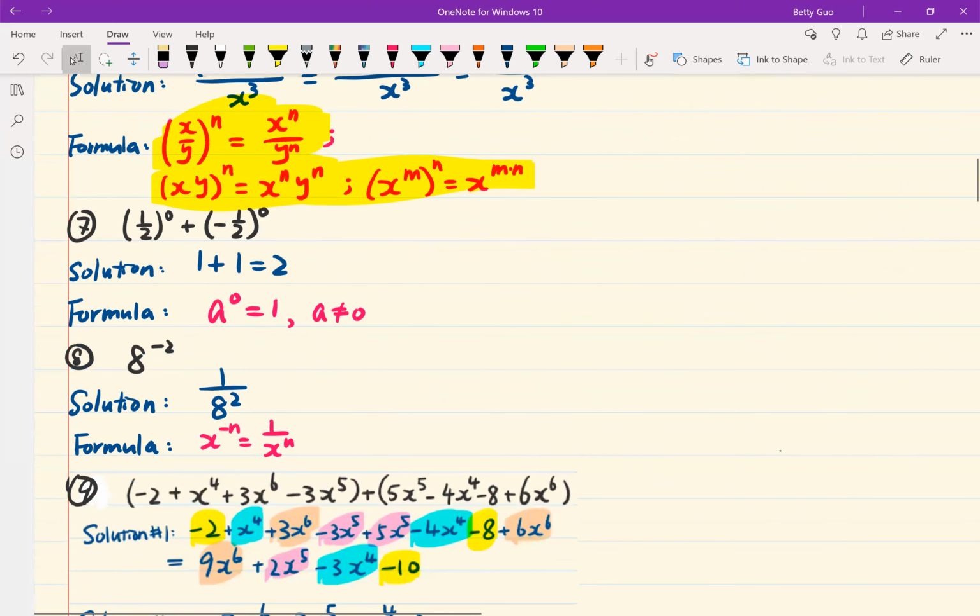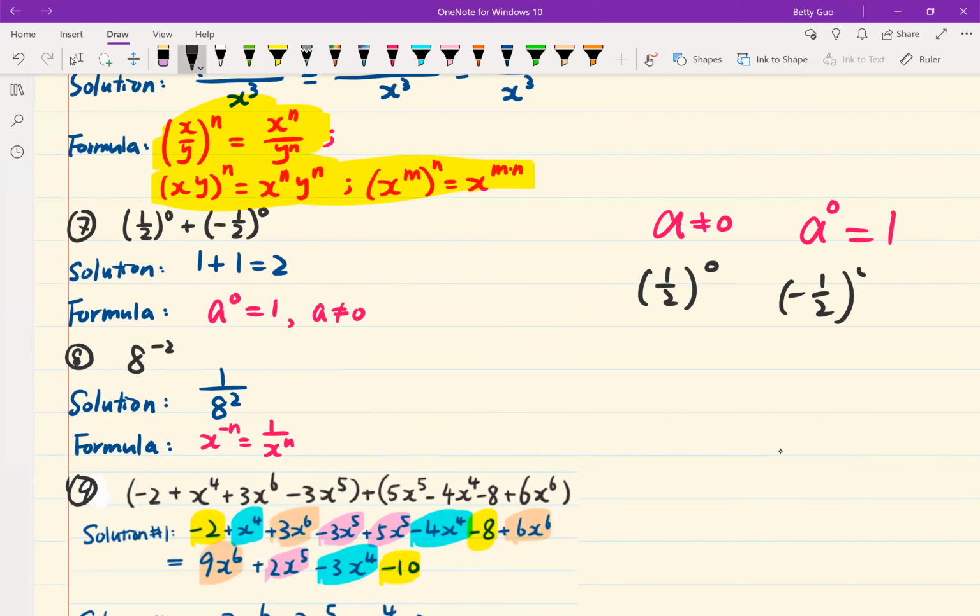Number 7, we have a formula that tells us for any non-zero quantity, the zero exponent of the quantity is 1. So you can see half to the power of 0 is 1.